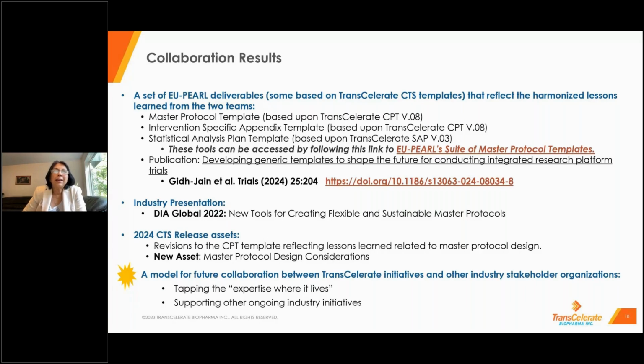And this is a good example of tapping the expertise where it lives and making use of the knowledge that we all have. And I am sure that we will hear of many more such collaborations between TransCelerate and other industry initiatives. And I will hand it over to Peter now.